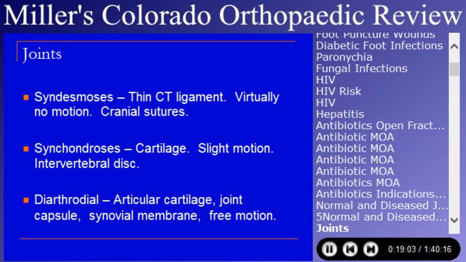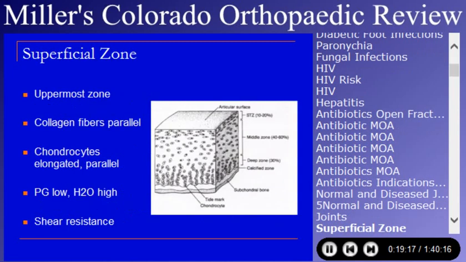The cartilage tends to be fibrocartilage, and motion tends to be limited. Diarthrodial joints contain articular cartilage, a capsule, a synovial membrane, are the classic joints that we spend most of our time dealing with. Articular cartilage does have zonation to it, and this is a common concept that they test on.